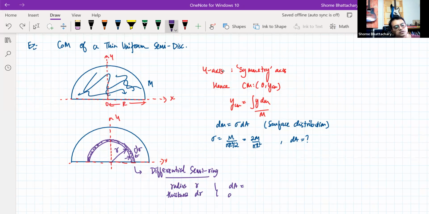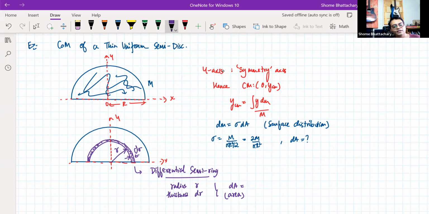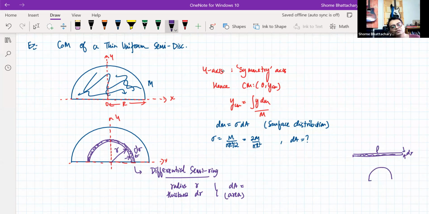How will we write the area of this thin semi ring? You can visualize that thin semi ring as if you've taken a rod of length L and thickness dr. So pi (r plus dr) square minus pi r square, that's one option. Another simpler option is to think that you have taken a ribbon of length L, and then you bent it into a semi ring.